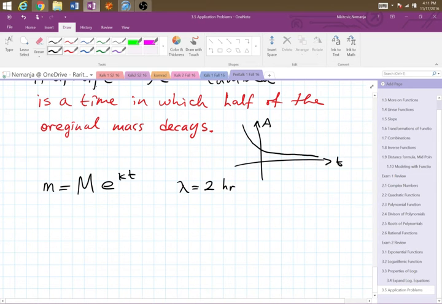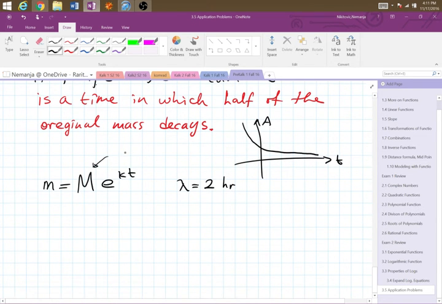So what do I know from the definition in red, which is right above the equation? I know that this is the initial mass. Let me use initial rather than original.